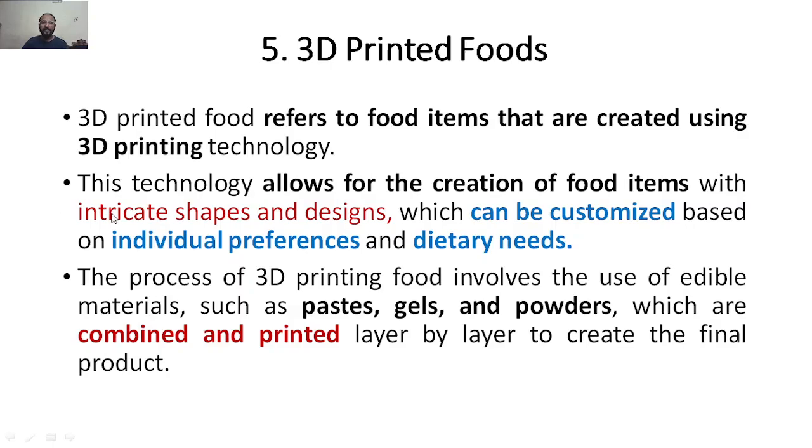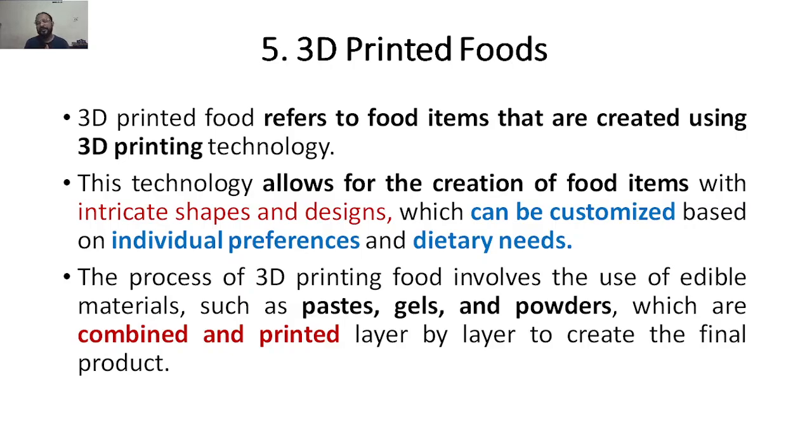These shapes and designs can be customized based on individual preference and dietary needs. It can be customized however you want the structure to be designed; the design is done, it is printed based on the design, and finally we get a product based on that design only.